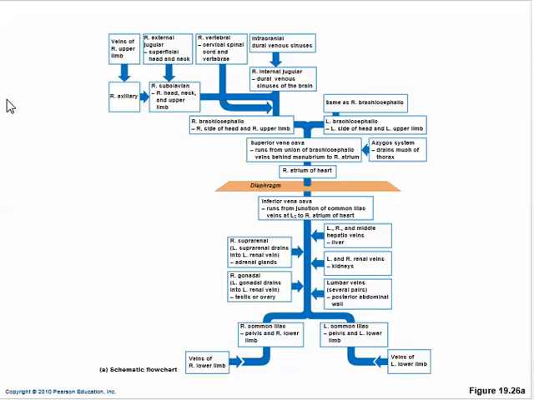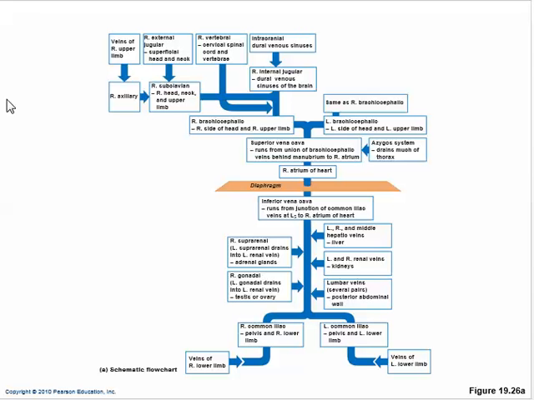There are the deep veins that run alongside the arteries and are named the same as the arteries. And then there's a completely other set of veins called the superficial veins that just run under the skin, draining areas. So there's basically two sets of drainage in each area.